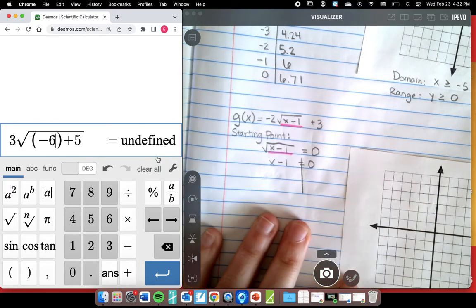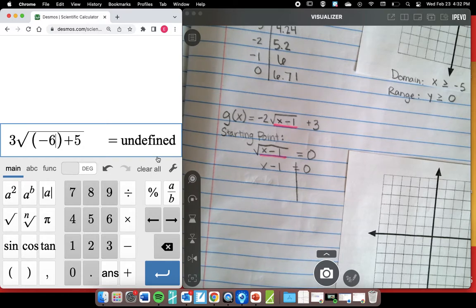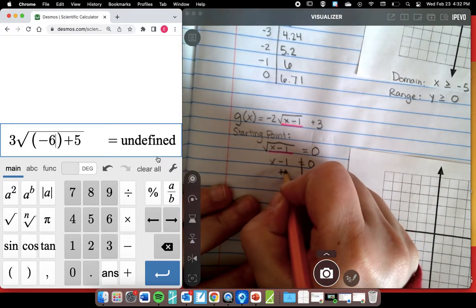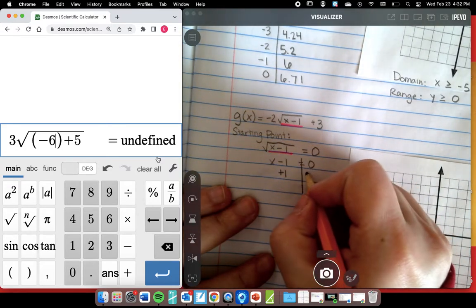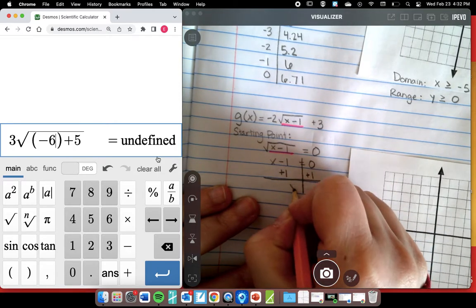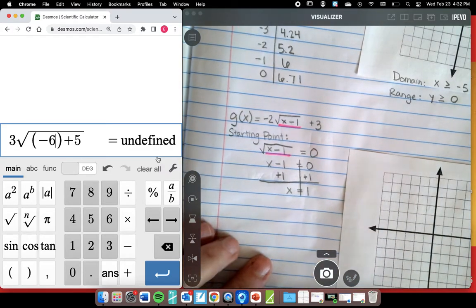If you need to write that out, write that out. If you can do that in your head, do it in your head. But we're going to undo a minus 1, and to undo a minus 1, we add 1. Do it to one side, we do it to the other side. And we get x equals 1. So that's our starting point.